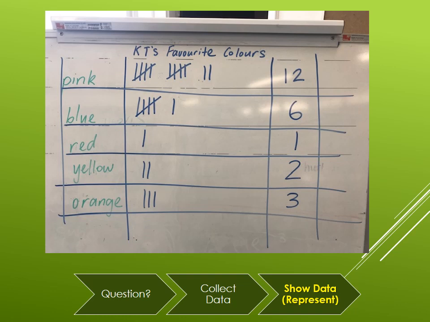If you have a look on the left side, you will be able to see the names of the different colours: pink, blue, red, yellow, orange. Next to those are the tally marks. Remember, the tally marks help us to record and remember and keep track of how many of each.